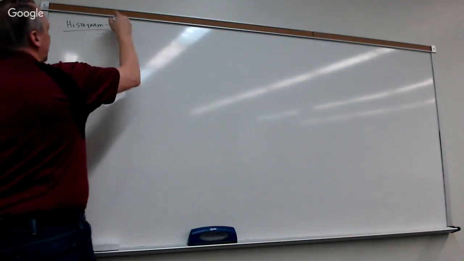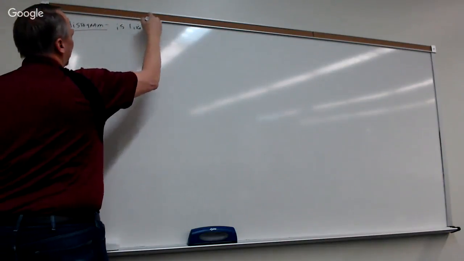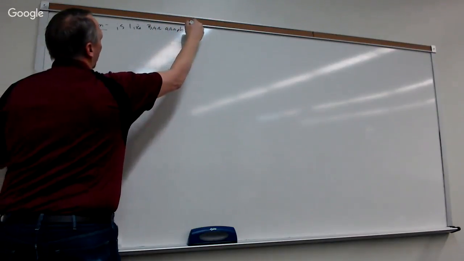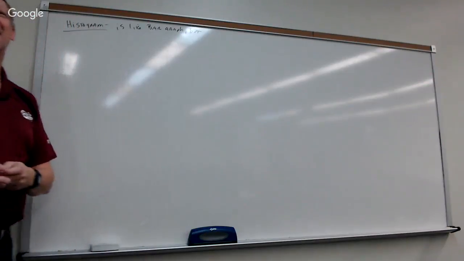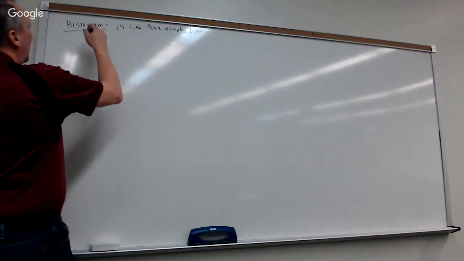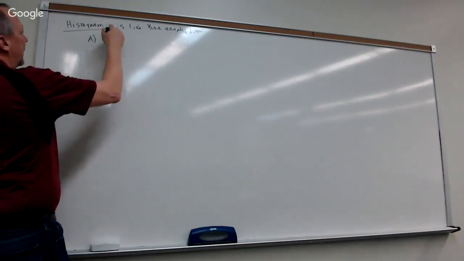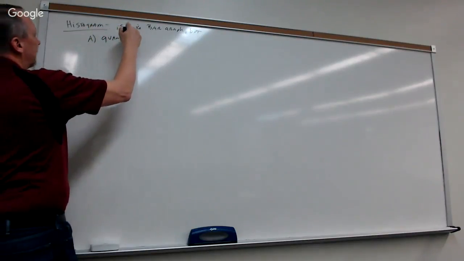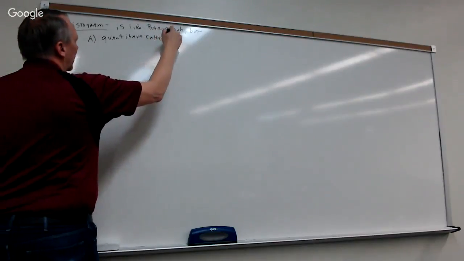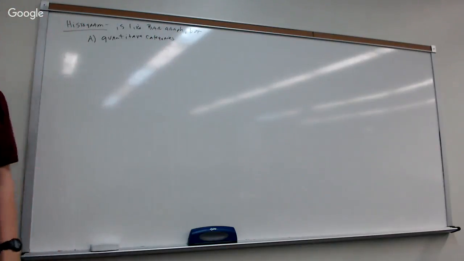A histogram is like a bar graph, but, and I'm going to list a bunch of buts, okay? Number one, it's on quantitative data. We have quantitative categories. Remember, a bar graph has qualitative or categorical data, okay?